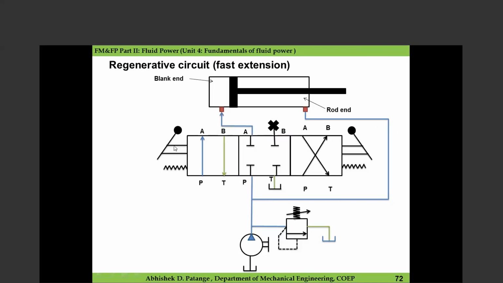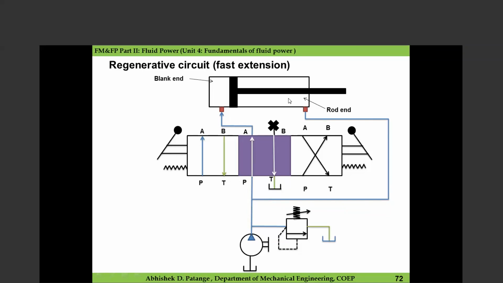Now when I press this hand lever, this switching position will come into picture, and P is connected to A and A is connected to the blank end. When you switch on the pump, the liquid coming from the pump has two ways. One is through P to A and A to the blank end, and the other passes through this line and enters from the rod end.